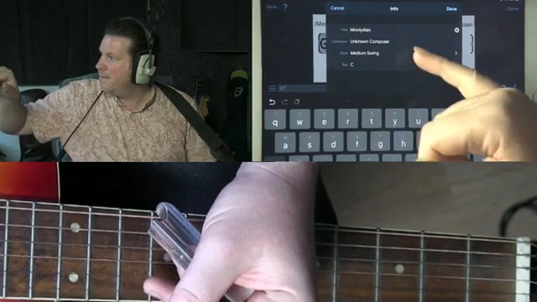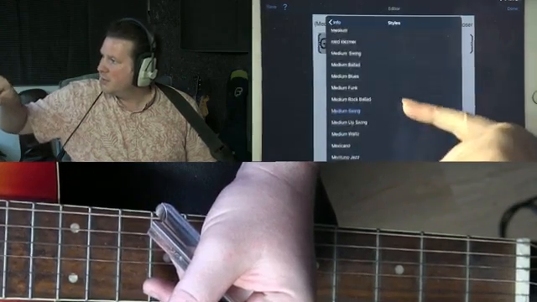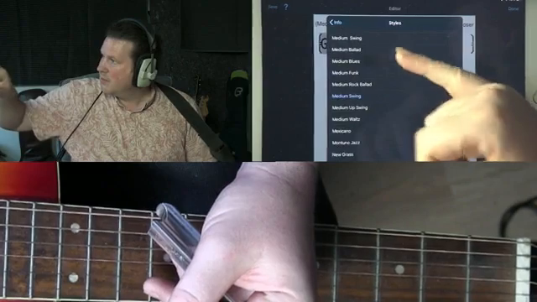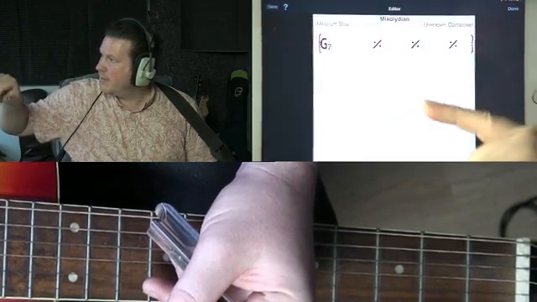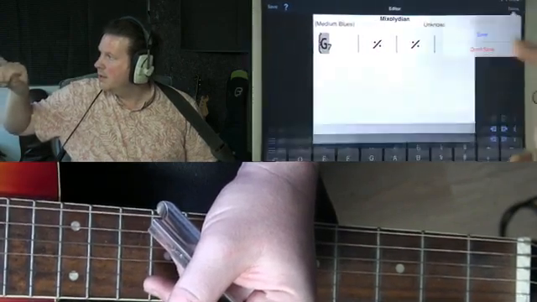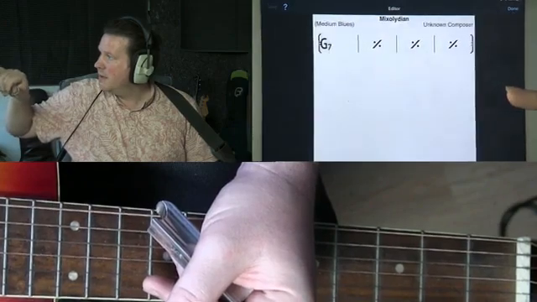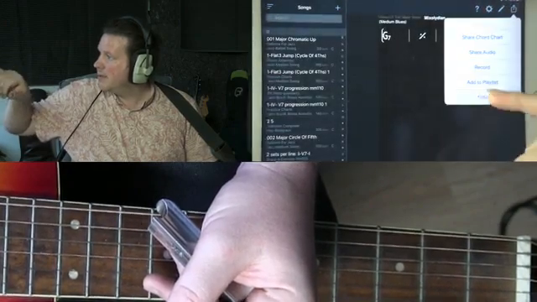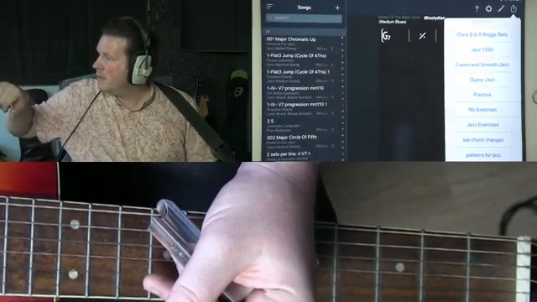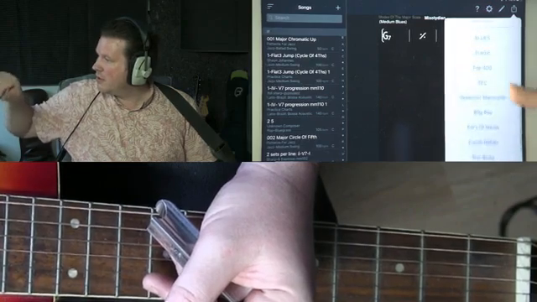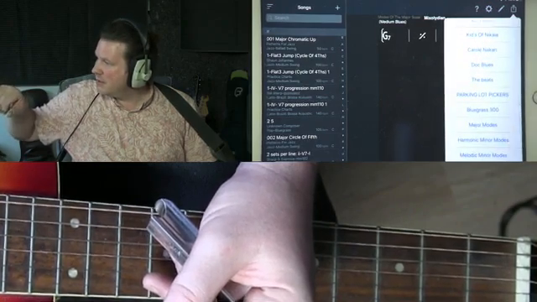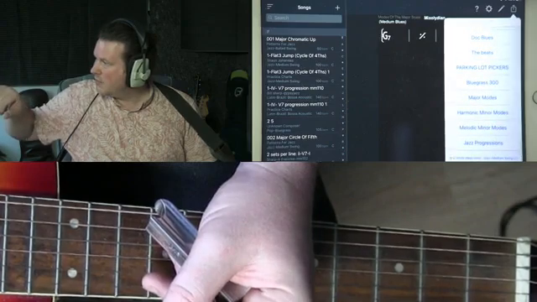Mixolydian. And let's put it as a medium blues. Done. Save. And I'm going to add it to my playlist, which I made a new one for these down here. Modes of the major scale.